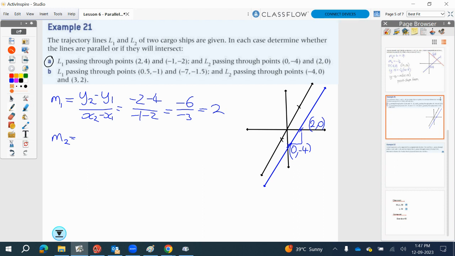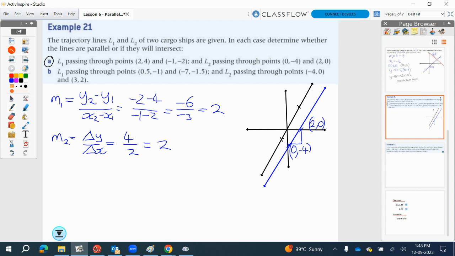The y value goes up, so we're going to use change in y over change in x and just use our slope triangle. The y values from here up to there has gone from -4 to 0, so it's gone up by 4. How much have the x values changed? The x values have changed by 2. 4 divided by 2.